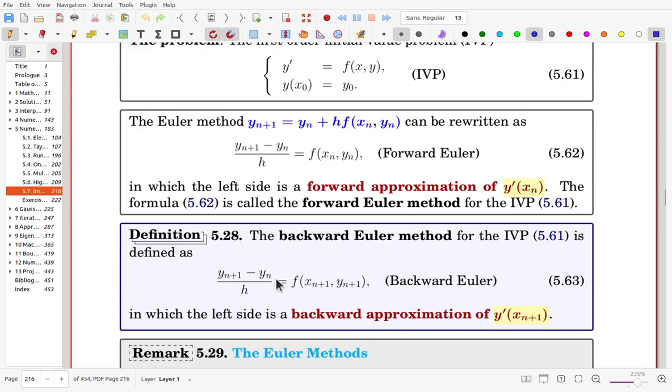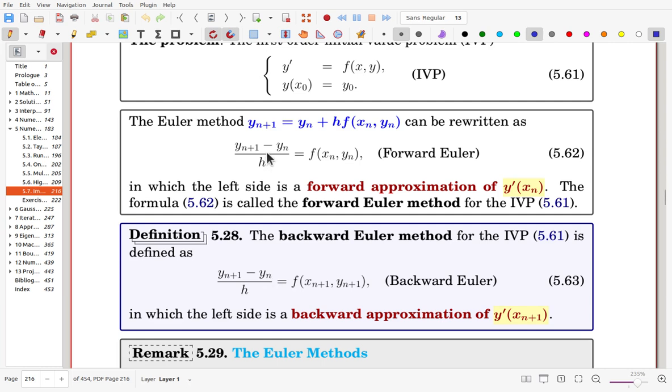Okay. The backward Euler method for solving the initial value problem is defined as this one. Now, the base level is n plus 1. So if you consider the initial value problem, the left-hand side must be y prime at xn plus 1, and y sub n is a value at the backward point xn.